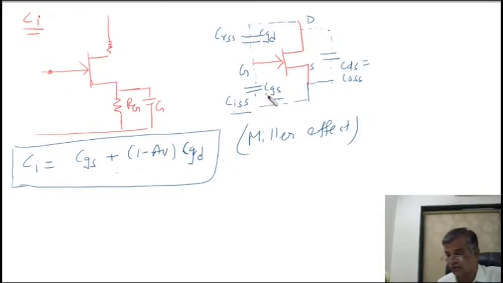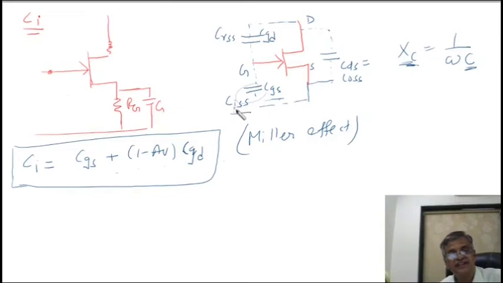According to the formula of reactance, 1 upon omega C, if C is large, then reactance is low. So it offers low reactance to high frequency and the signal will be bypassed.